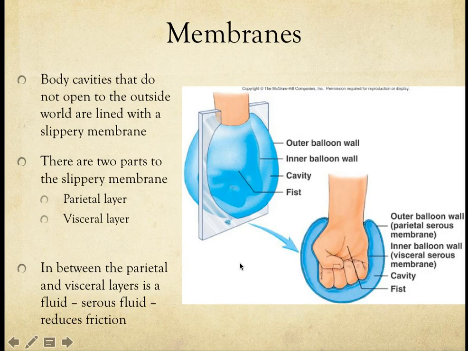Now, basically what that means is that the visceral layer is going to be on the surface of organs, whereas the parietal layer will line the cavity itself, the walls of the cavity. In between the parietal and visceral layer, there will be a fluid, and that fluid is there to reduce friction.